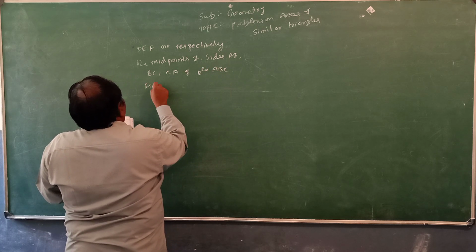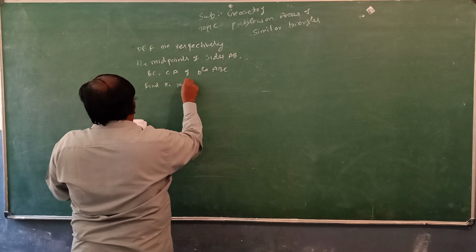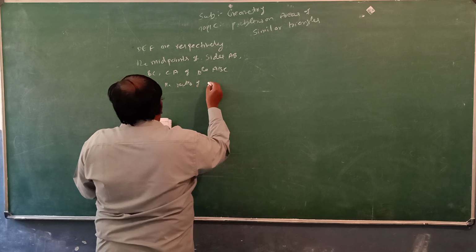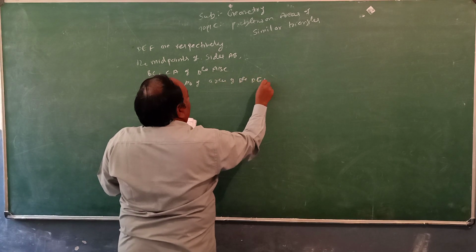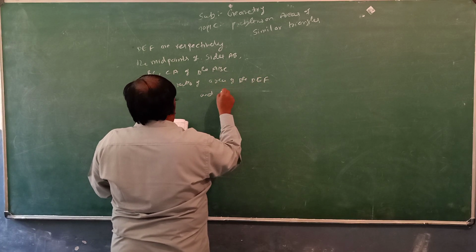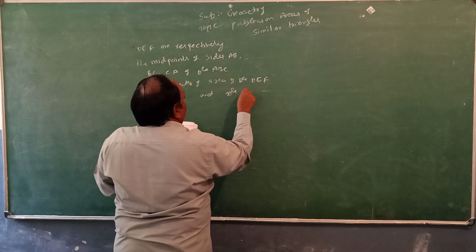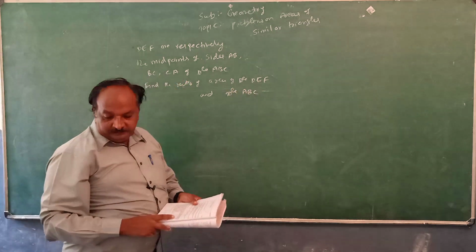Find the ratio of the area of triangle DEF and the area of triangle ABC.